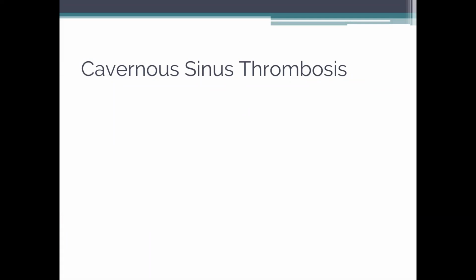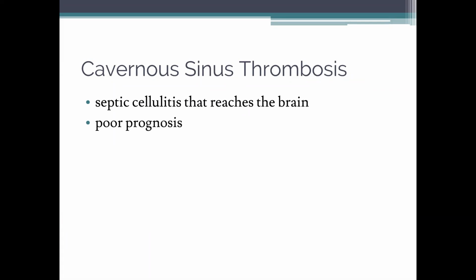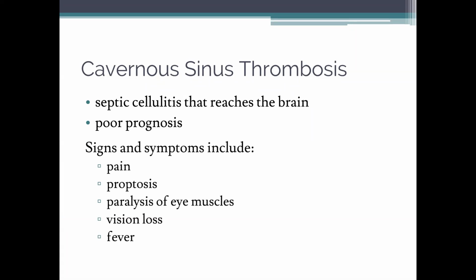The last area we'll talk about, cavernous sinus thrombosis. This is Ludwig's angina for an upper. All right. This is cellulitis, upper teeth. The cellulitis and the septic bacteria have basically reached the brain. You don't see these that often, thank goodness. Very poor prognosis when you have infections going uphill. Same type of things you'll see.